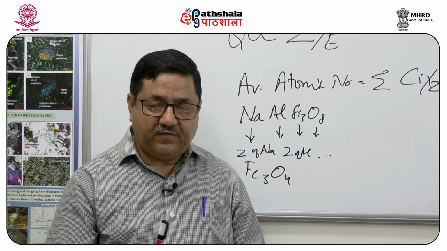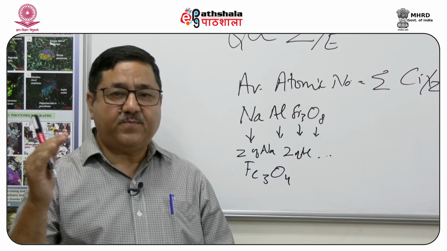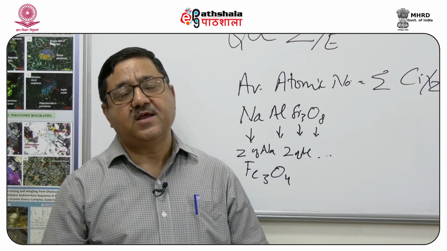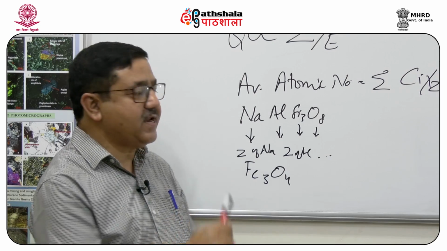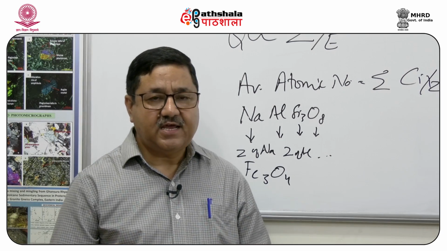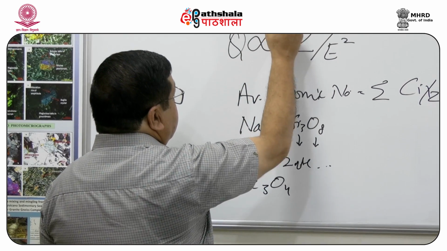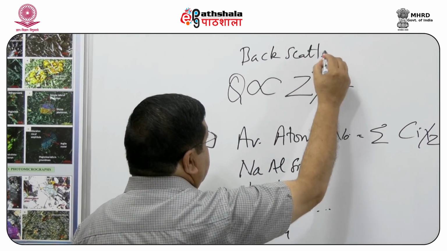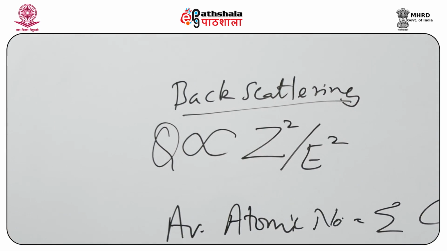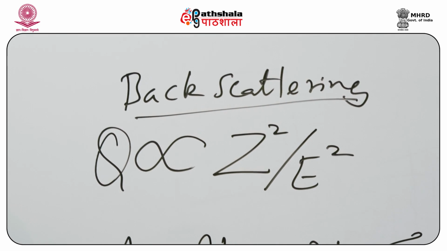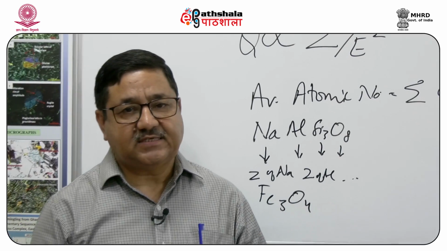The amount of elastically scattered back electrons in proportion to the incident electrons is known as the backscattering coefficient. This phenomenon of elastic scattering is called backscattering. And the amount of backscattered electrons in reference to the incident electrons is the backscattering coefficient.